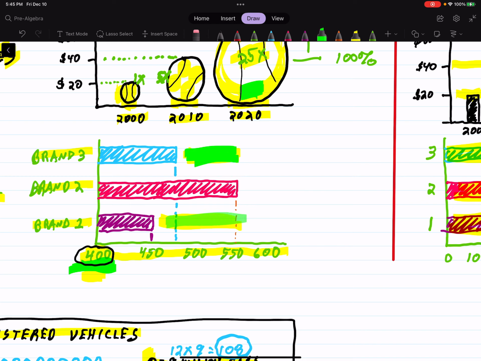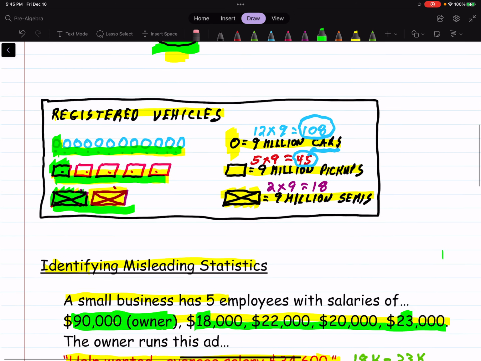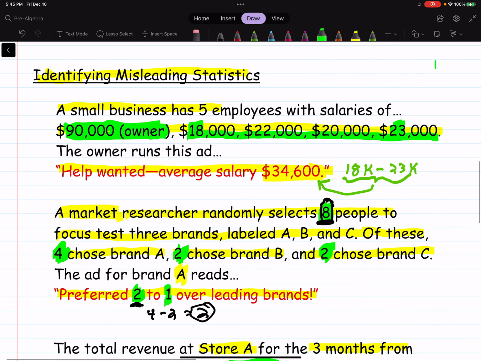Whereas if you put all the data on your screen, the differences are proportionally correct, and people can make decisions on that. Here's another version where the icon used to represent each of the 3 different kinds of vehicles are not the same size, and so the overall picture gets skewed. And with misleading stats, you just have to look at them and look for outliers.